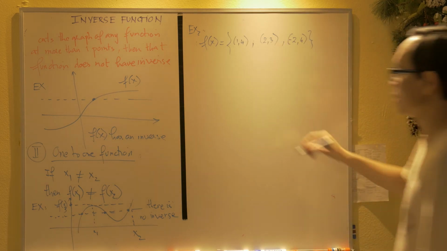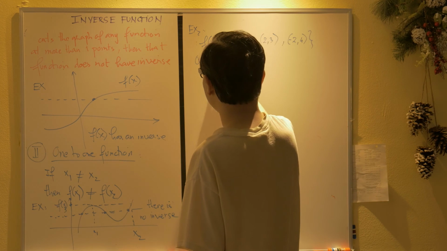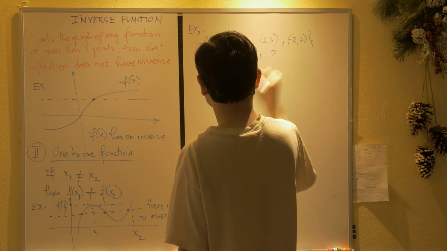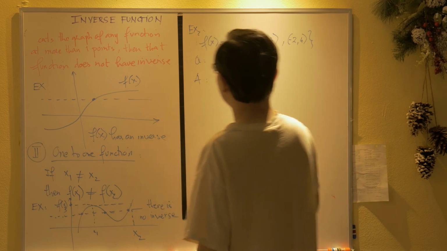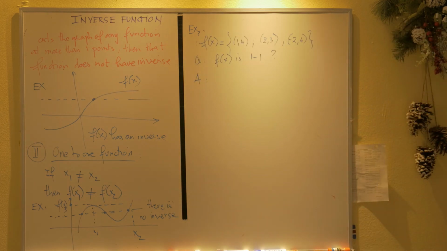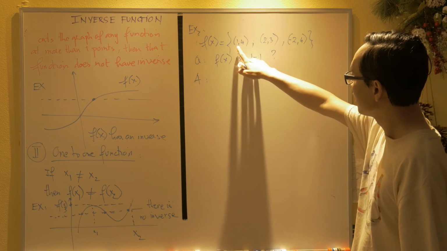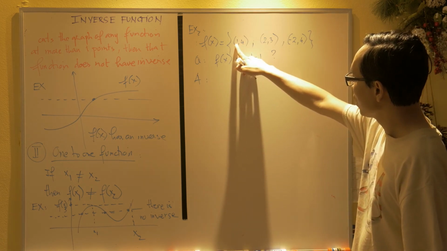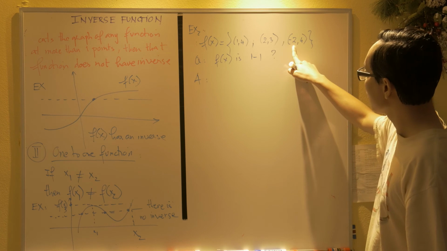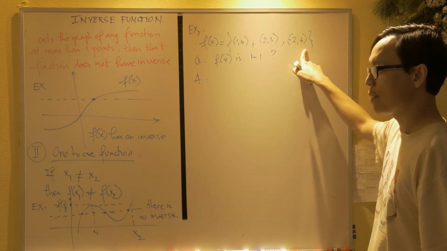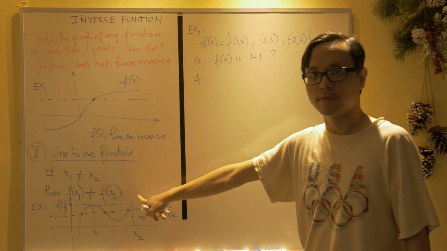We want to see, question: is f(x) one-to-one? Answer: we see whether this function is a one-to-one function or not. So you see that the input over here is 1, different from the input here, -2, but the output is the same. So it does not satisfy this.